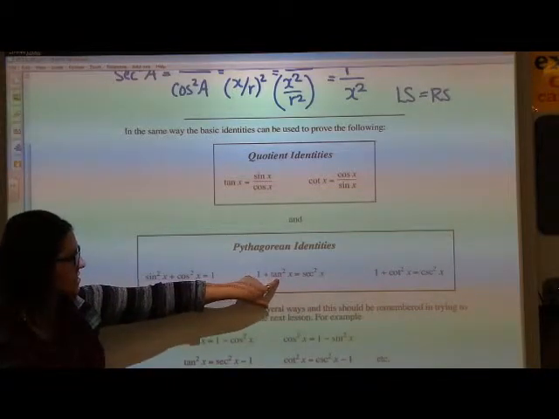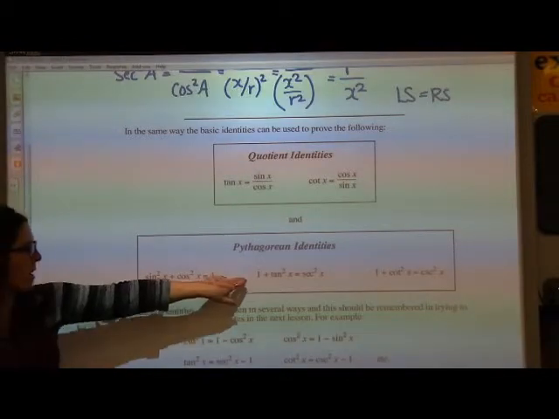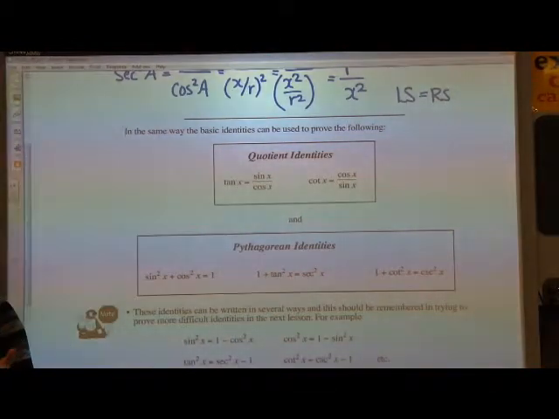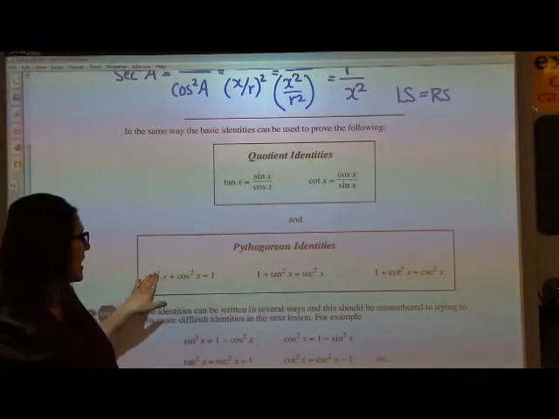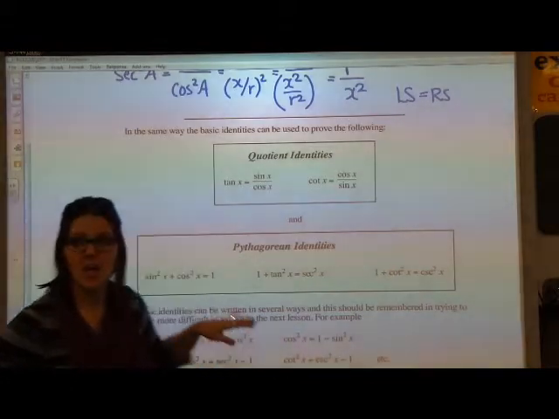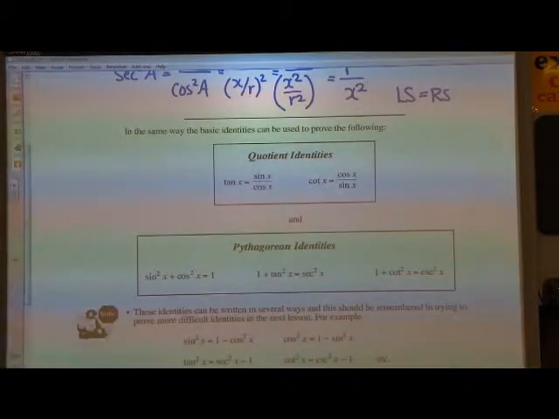I could say tangent squared is secant squared minus 1, or 1 equals secant squared minus tan squared x. Your formula sheet gives you these 2 and these 3, but sometimes they're hidden in different forms.